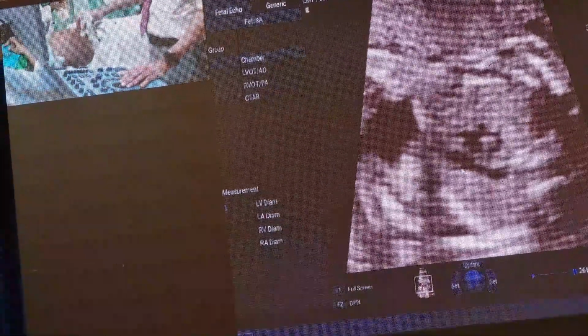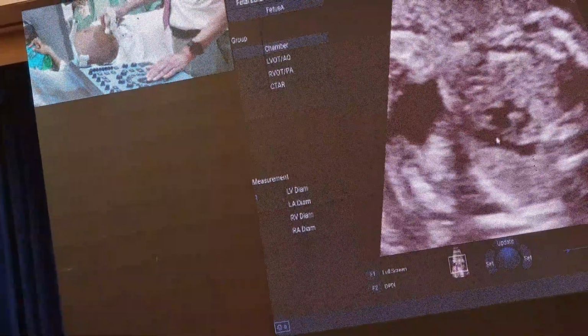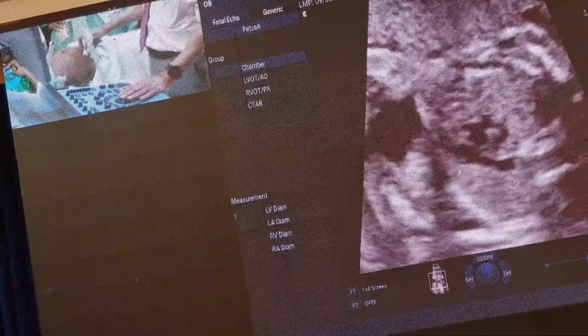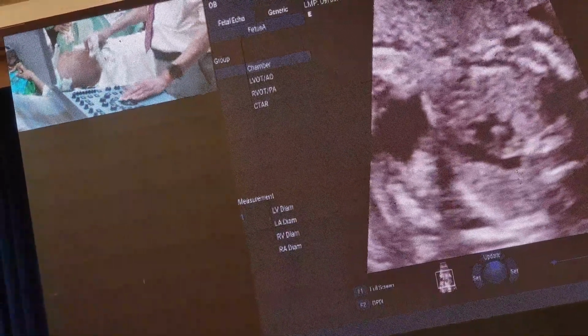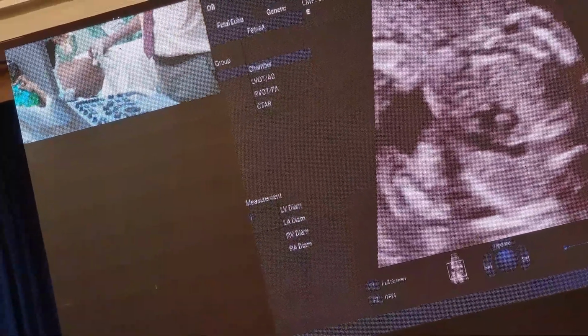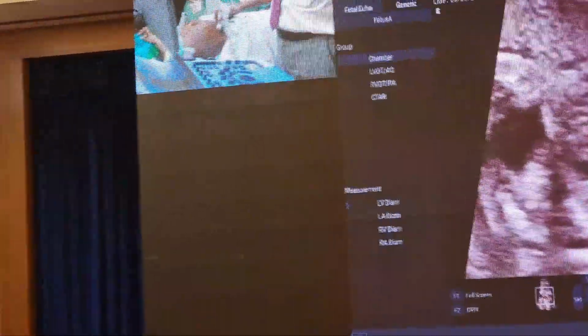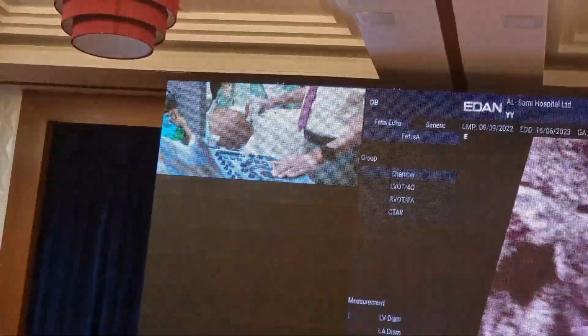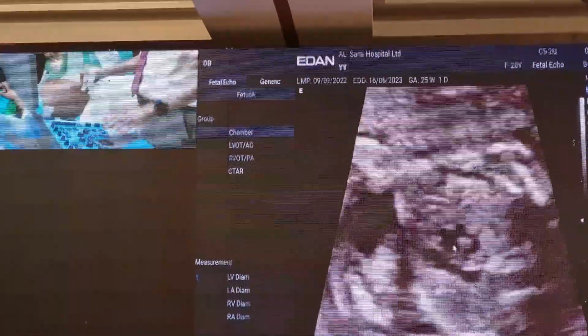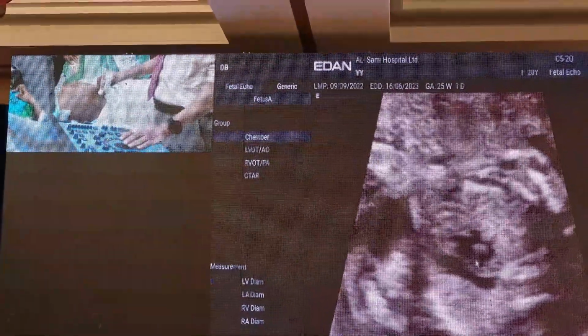When they are in this way, this is known as normal arrangement, and when they are in a straight line, this is known as normal alignment. So when we look at a three vessel view, we need to look at arrangement and alignment. Typically in TOF, the aorta comes up and is not in a straight line, so that is an abnormal alignment.